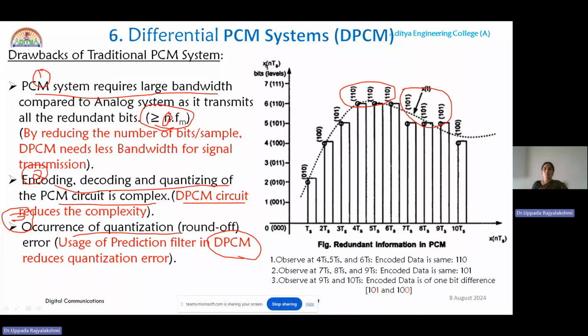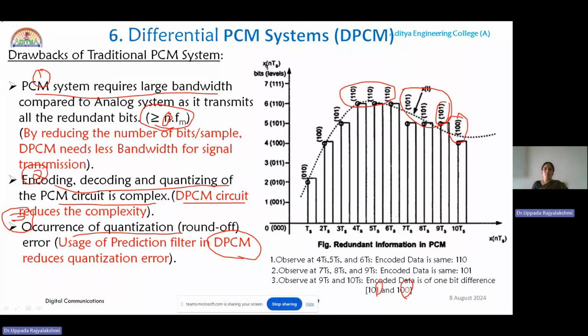Similarly, at 9Ts the amplitude is 101 and at 10Ts the amplitude is 100. The difference lies only in the last bit.